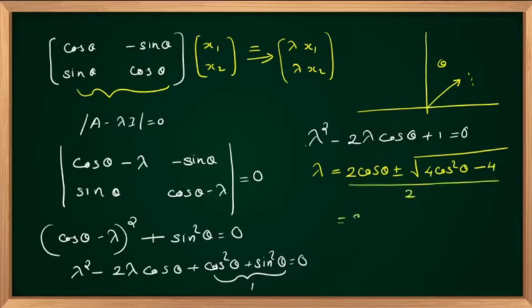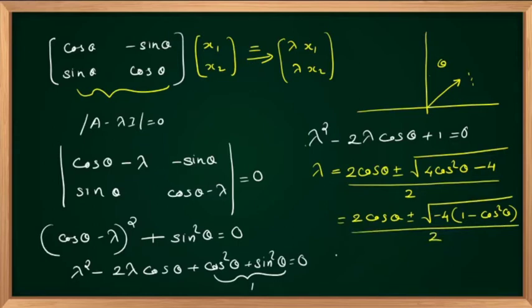That equals 2 cos theta plus or minus root of minus 4 times (1 minus cos square theta), divided by 2. The root of minus 4 is 2i, and 1 minus cos square theta is sin square theta, whose square root is sin theta. I can cancel out the 2. Sorry, the minus is not here, plus only.